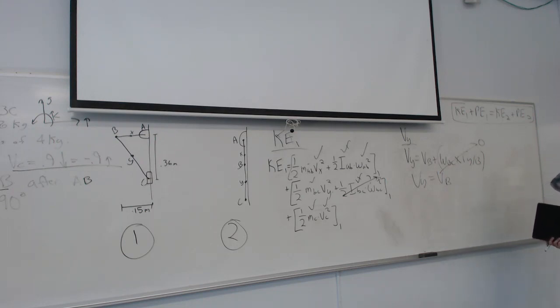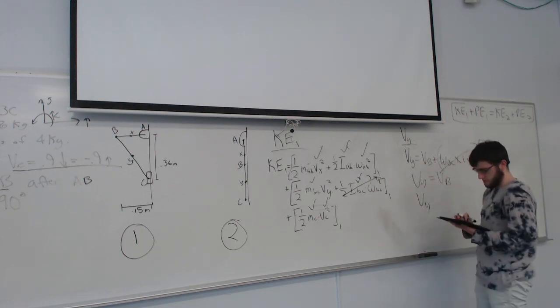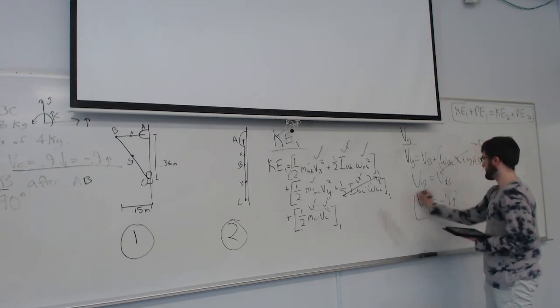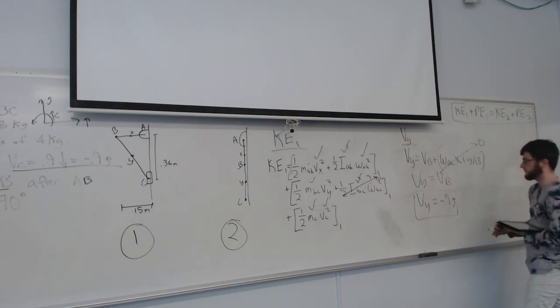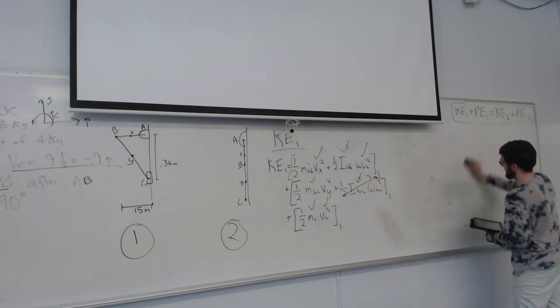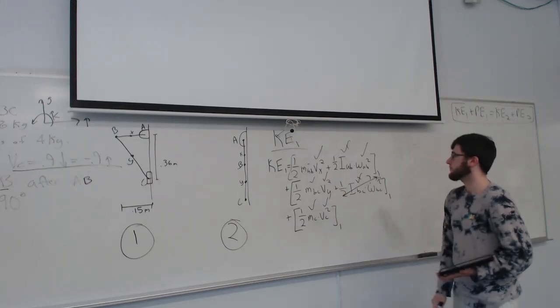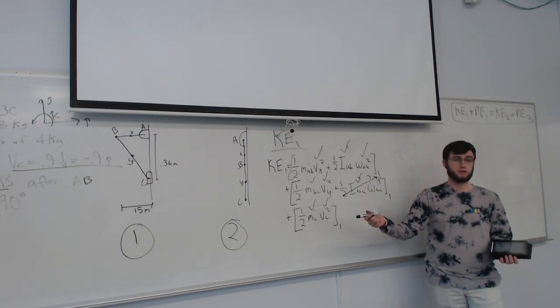And we just found the velocity of b was, what was it? It's negative 0.9 in the j. Any questions? Okay, so now we know that. That's our last thing here. Everything is known now for the kinetic energy of point 1.